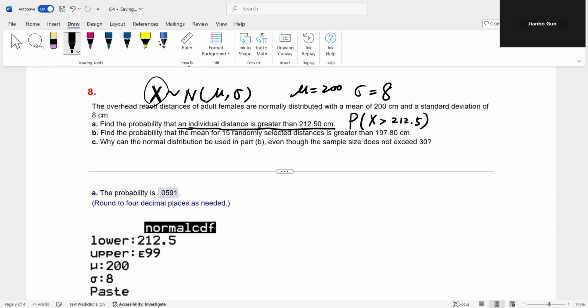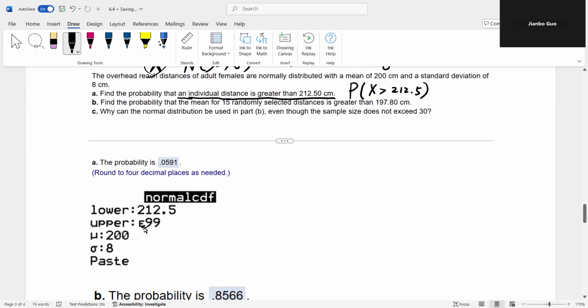So part A is to find the probability of x is greater than 212.5 centimeters. Let's recall that in previous sections, we have learned how to use the TI-84 calculator to find the probability of an event. If the event is a normally distributed variable bigger than a value or less than a value, or in a certain interval, we can use the function normal CDF.